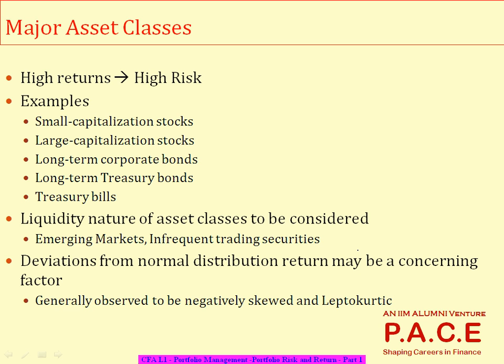So whenever we are looking at different asset classes, apart from the historical data observation, I might also need to consider the liquidity standpoint or the distribution standpoint to identify where it actually fits in. If it is more and more negatively skewed data, then there is a good probability that the loss will occur. It will not be symmetric, so the 95% confidence interval will not be the same on both sides of the mean.